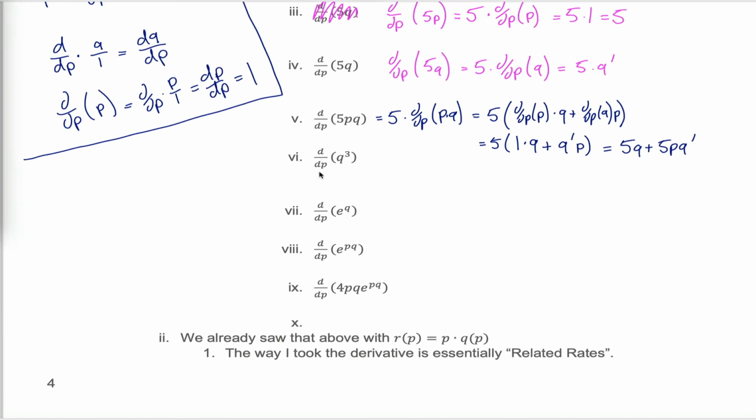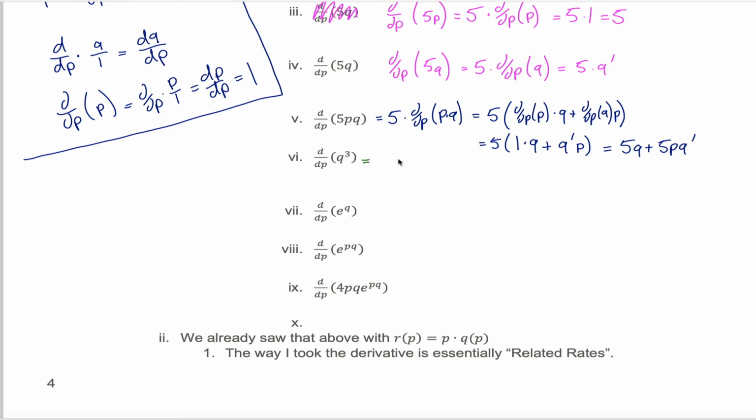Let's do another one. The derivative with respect to p of q cubed. How could you figure that out? Well, what you want to do here is think chain rule. What you have here is something. It ends up being a function, but it doesn't really matter. You have something raised up to the third power. So your outer function is that raised up to the third power stuff.